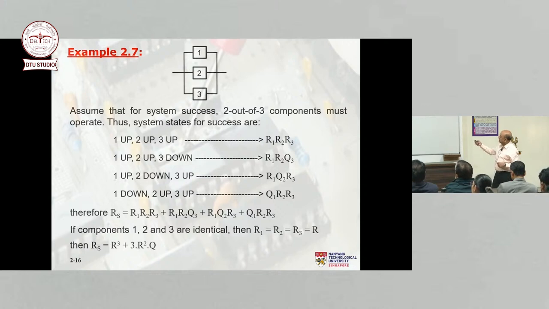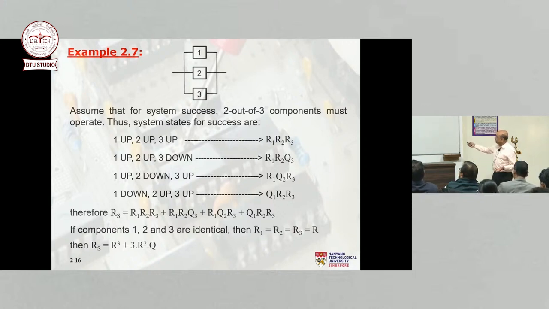So the states of the system, if you look at this, are either all the 3 components are working. That means the reliability will be R1, R2, R3, or 1 and 2 are operating but 3 is down, or 1 and 3 are operating but 2 is down, or 2 and 3 are operating and 1 is down, isn't it? You need 2 components out of the 3 to operate, any 2.